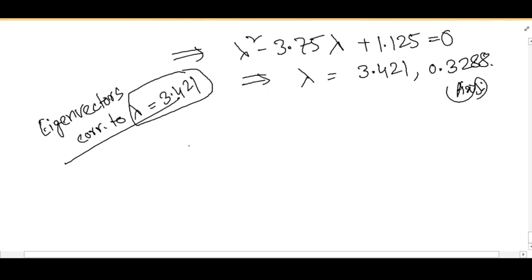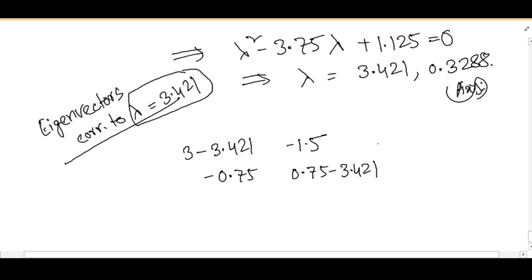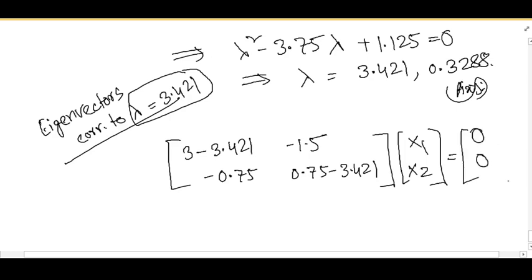So we put 3 minus 3.421, and this is minus 0.75, this is minus 1.5, and this is 0.75 minus 3.421, multiplied with the vector x1, x2, which is the eigenvector, equal to 0, 0.